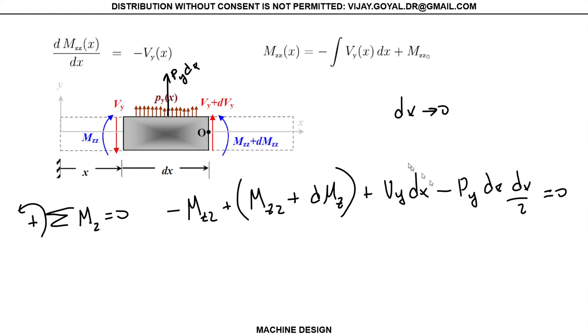So since this goes to 0, one of the things that you end up with here is dmz plus vy dx minus py dx dx over 2 is equal to 0.